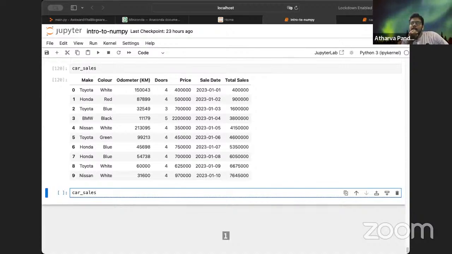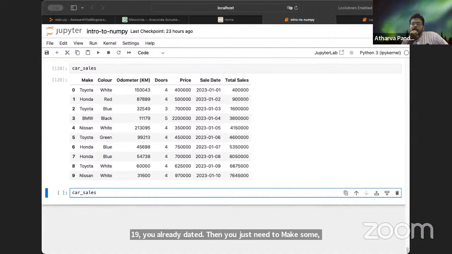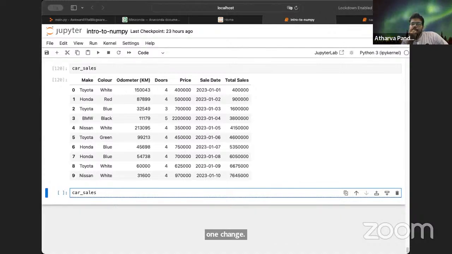You already did it. You just need to make one change. Sai Ram, that is correct but incorrect, because again it is a line graph and I am saying plot a bar graph.